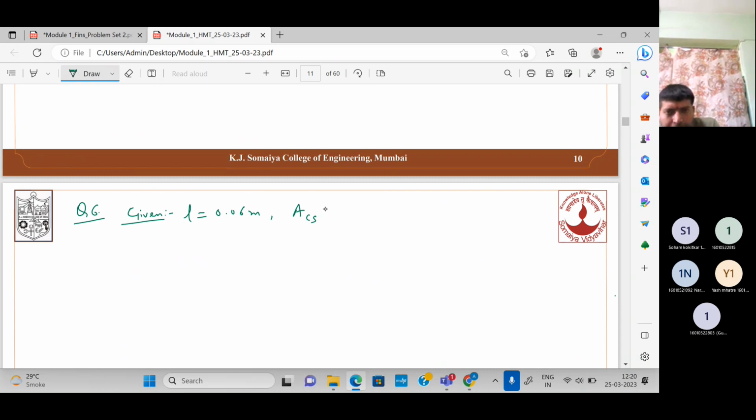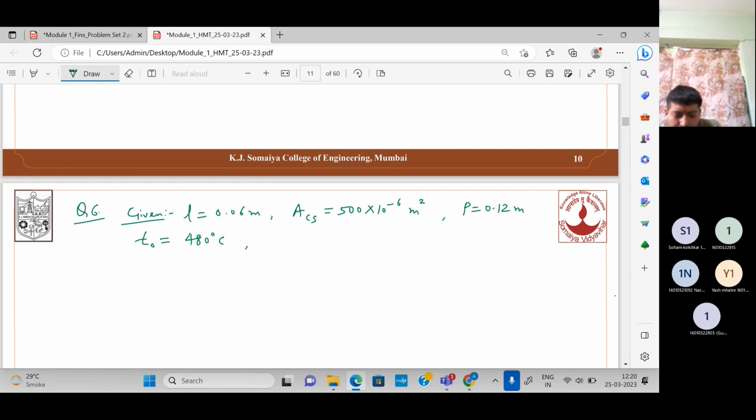It is 500 mm square, so 500 into 10 to the power minus 6 meter square. Perimeter is given, 120 mm, so 0.12 meters. That's the perimeter value. Base temperature is given as 480 degrees Celsius.